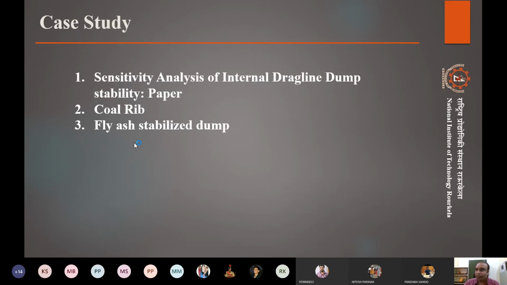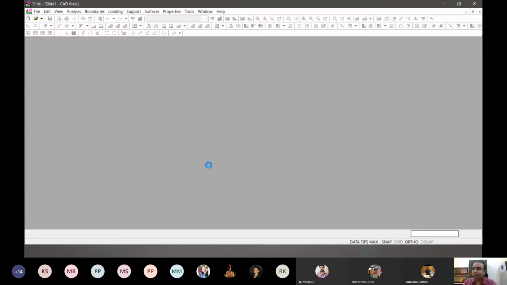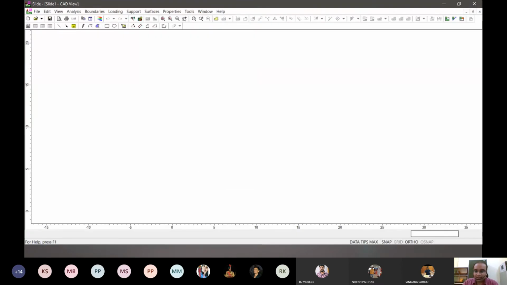Let me start with a small demo of that. So these days, that sensitivity analysis part we can do in Slide software for slope stability analysis.